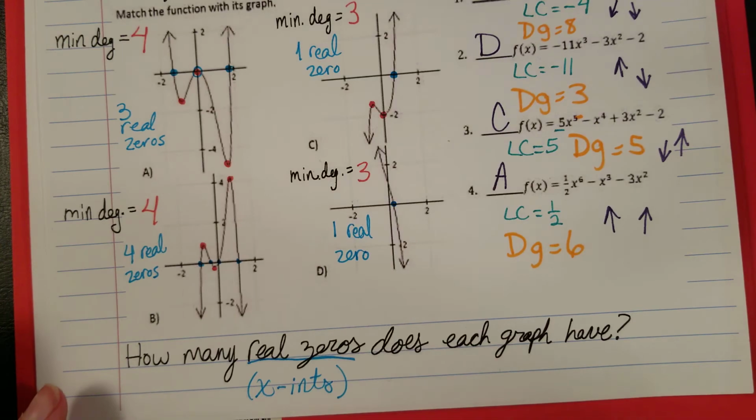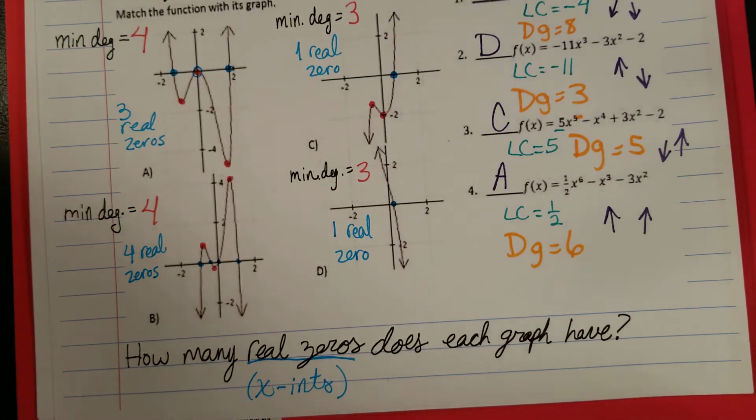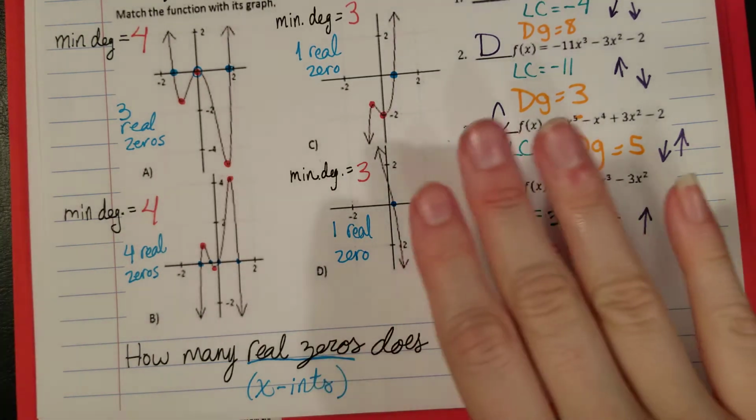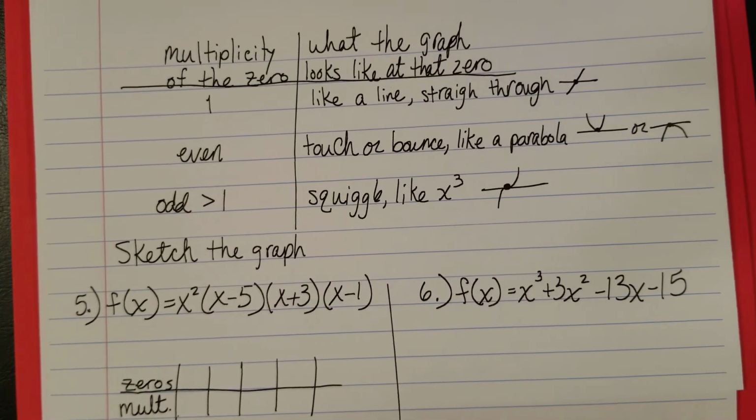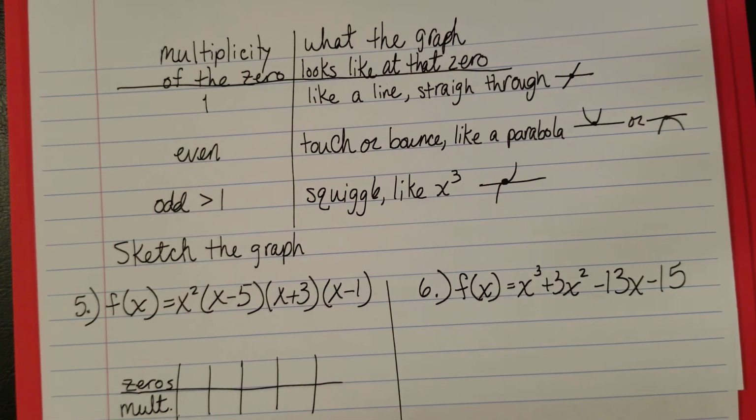Okay. On the next page, we will talk about multiplicities, which we talked about before, how to determine what the multiplicity is of each of your zeros. Here we're talking about why that is important.